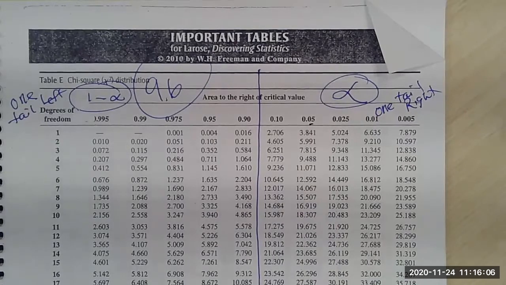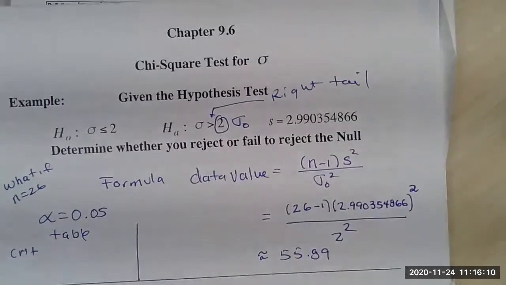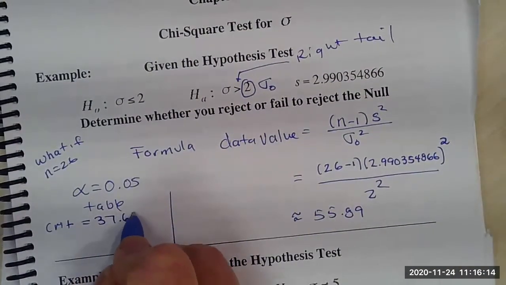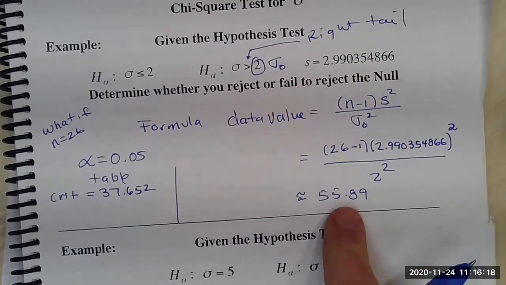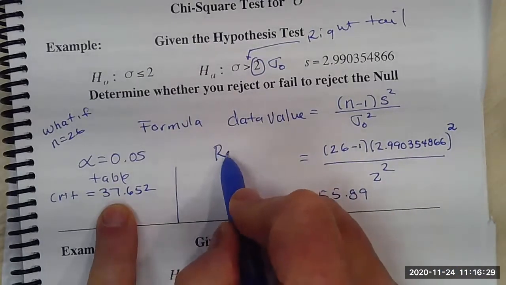So I see 37.652. On a number line, if I did shading, isn't the data value farther to the right than the critical value? So it's a reject the null.